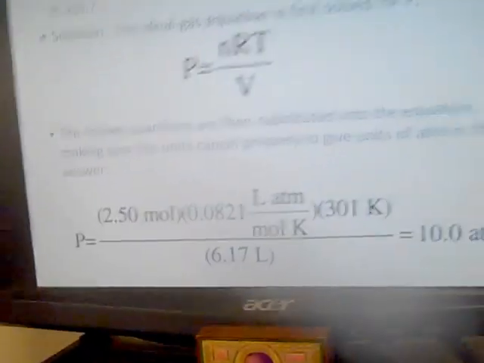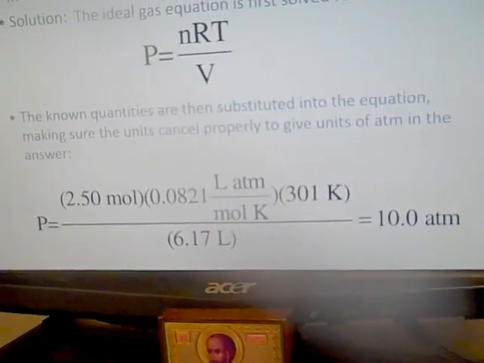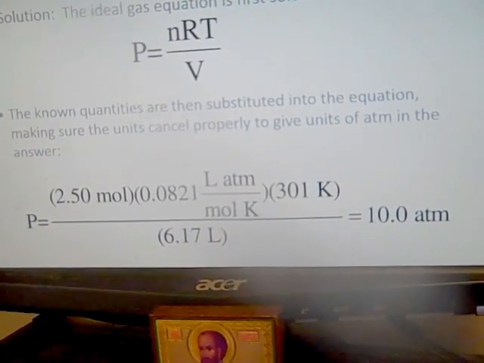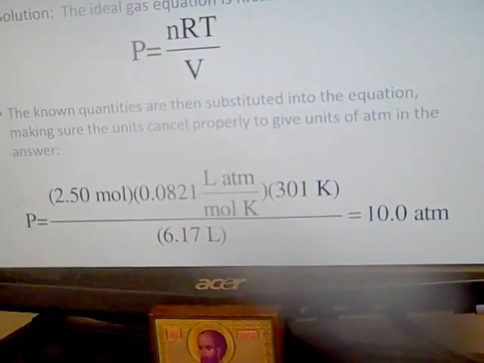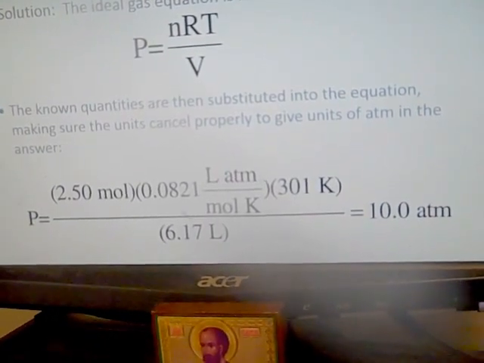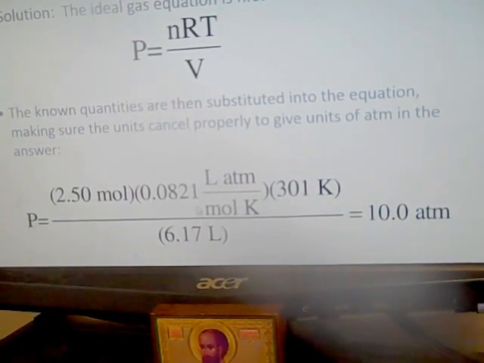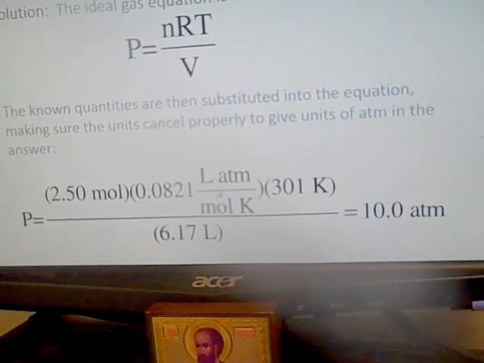Okay, so that's what we get here. If we look at the screen, we multiply 2.50 times the gas constant, and then the temperature, and then divide by 6.17 liters. Look at how these cancel out. The kelvins cancel out here and here. The liters cancel out here and here. The moles cancel out here and here. So the only unit we're left with is atmospheres.